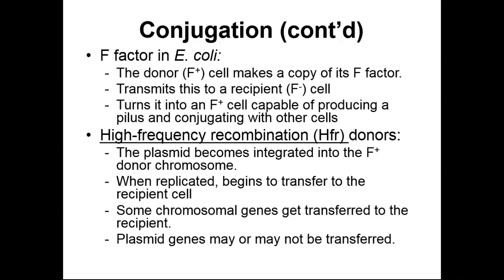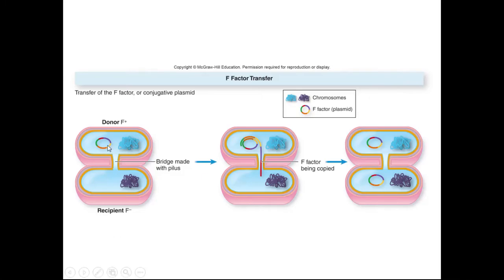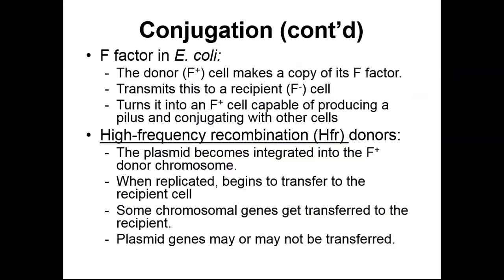In other words, instead of having the F factor stuck in a plasmid that may or may not be in the daughter cell, that F factor gets moved into the bacterial chromosome. And while that F factor is in the bacterial chromosome, every single daughter cell that's produced through binary fission is going to have the F factor, and every daughter cell will be capable of making a sex pilus. So all of a sudden, that phenotypic trait becomes much more permanent in the population of bacteria.